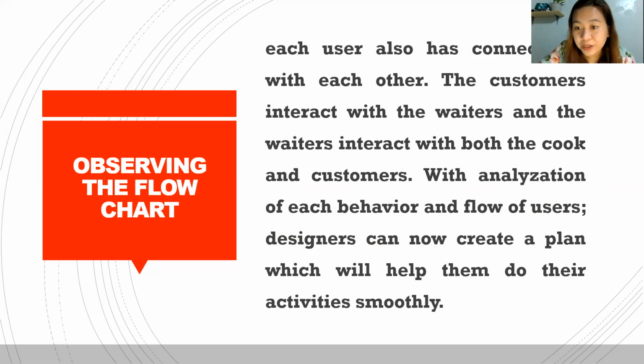And then, nagkipag-interact din pala siya, by the way, kay cashier. Ay, sorry, hindi to si cook. Si cashier ang kanyang ka-interact ni waiter. And then si cashier, ka-interact niya ngayon si waiter, and then sometimes the cook or the chef kasi ibinibigay niya yung order. So with analysis of each behavior and flow of users, designers can now create a plan which will help them do their activities smoothly.